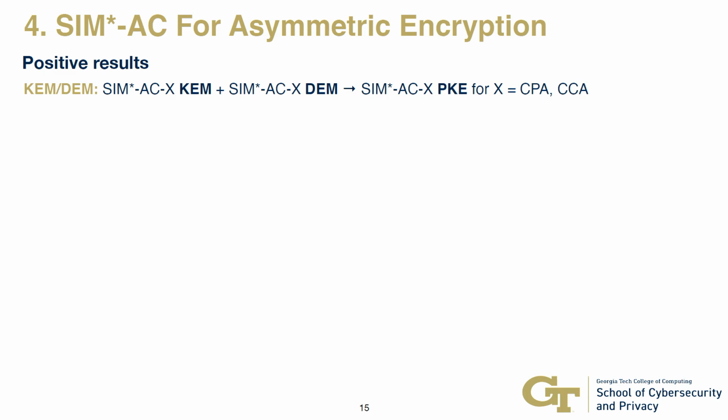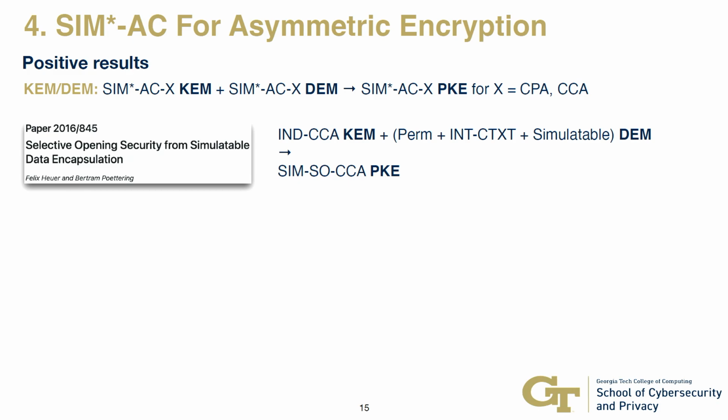What are we able to prove with this definition? Lots of things that I think are nice. KEM-DEM hybrid encryption just works the way you would want. If the KEM and DEM are CPA or CCA secure, then the hybrid PKE scheme is CPA or CCA secure. And because of these nice composition properties, the KEM and DEM are able to use the same ideal primitives if needed, which would not have been the case with the old definition style.